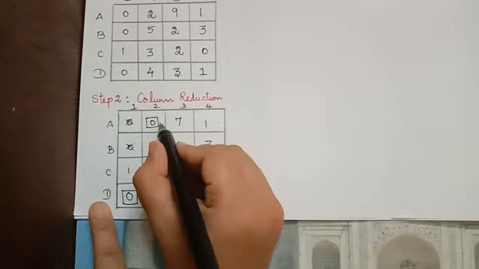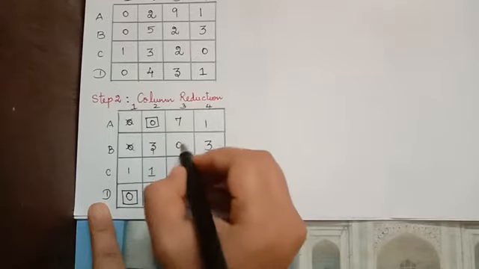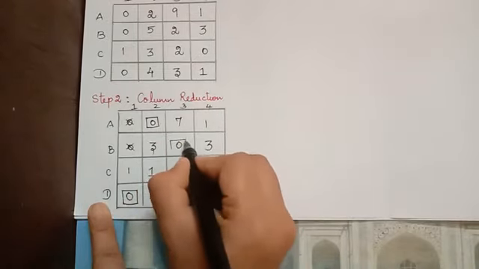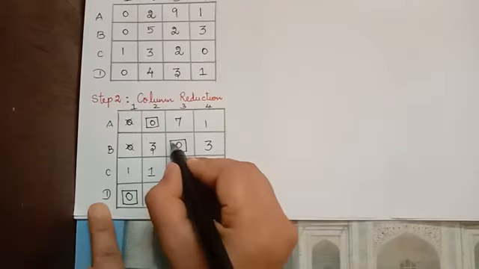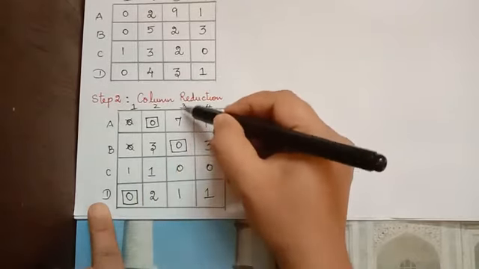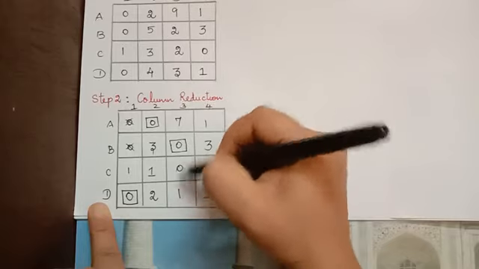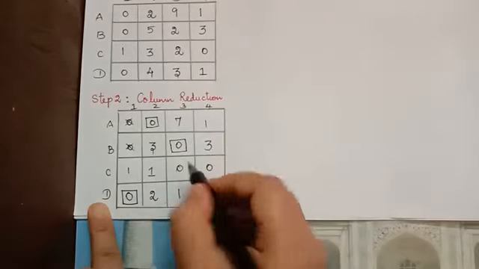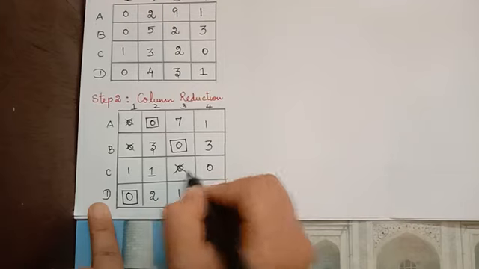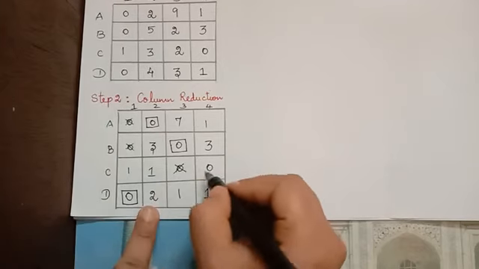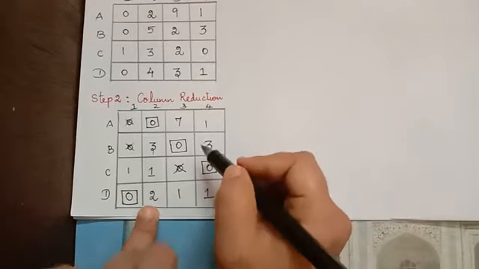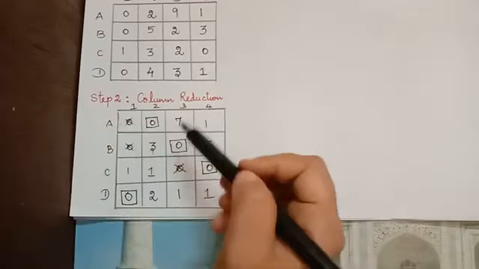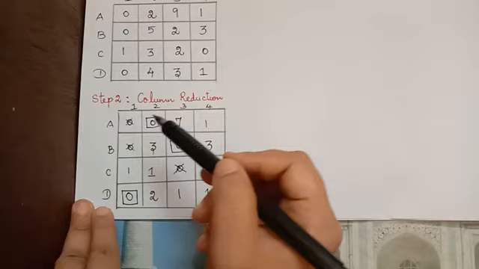Next we shall move on to the next row. Again this row has this single 0, so this has to be selected. Now because we have selected this 0, we have to check the corresponding column. Now when we check, there is a 0 over here, so we have to strike off this 0. And so the only left out 0 is this one for the third row.